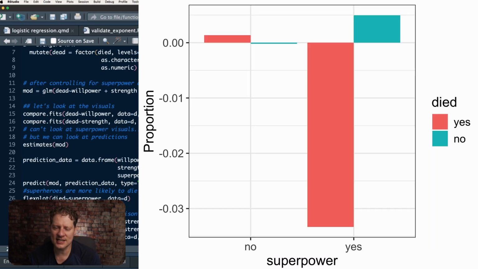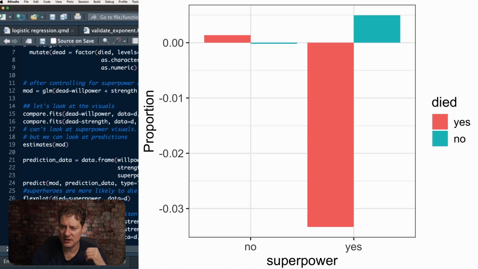And what this shows is the difference from expected proportions. So this right here, under superpower, yes. So these are the superheroes, and their predicted probability is yes, and we see that the proportion is negative. So what is that saying? That is saying that the number of superheroes that died is less than we would expect if these two variables were independent.